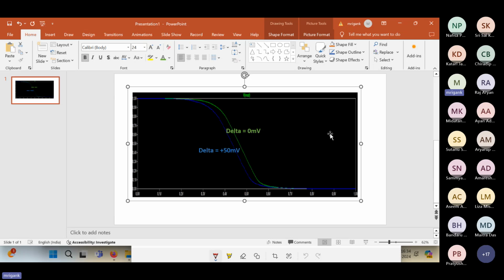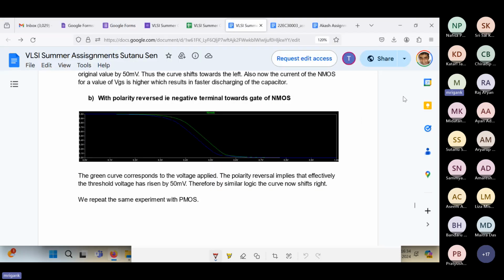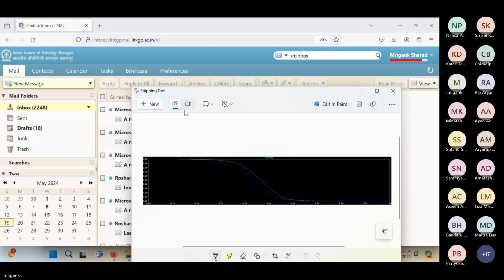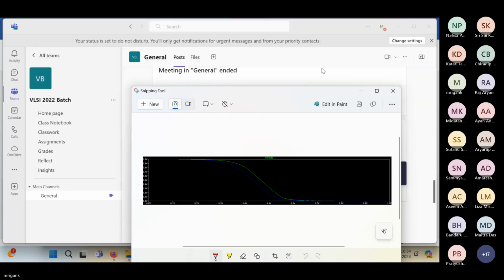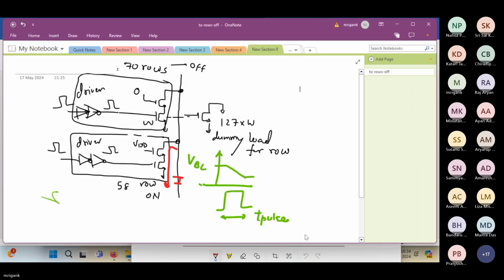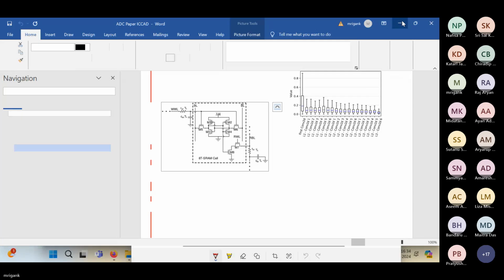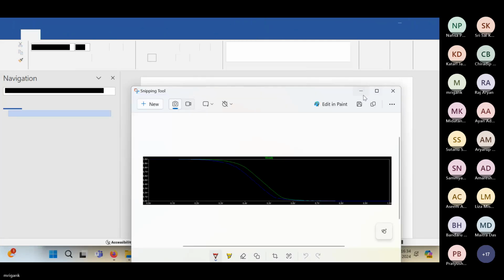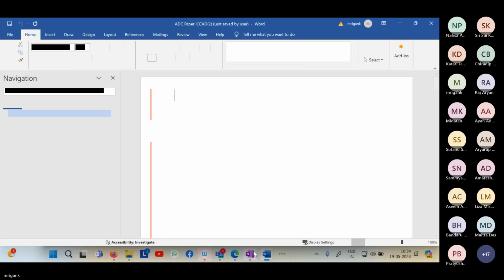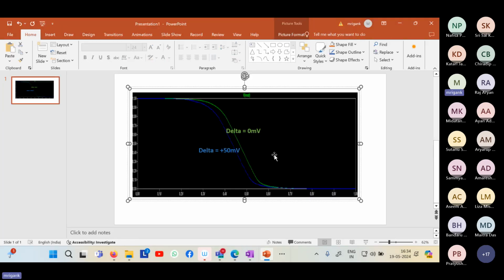So for example, if I want to save this annotated image, I can go back and, where is the PPT? Let's show everything, not the PPT. So another option, that is the more tedious option, I would say.